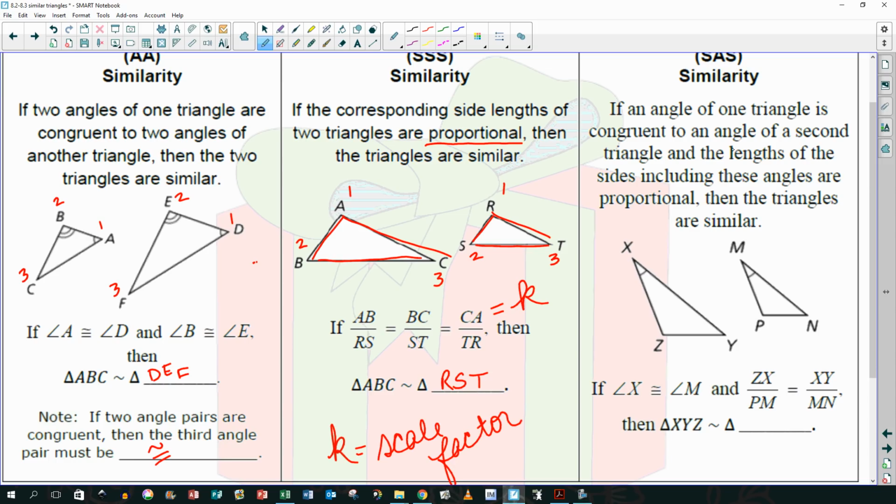And then the last one is side angle side, just like before. If you have a side and the angle that's between, side, angle, side.